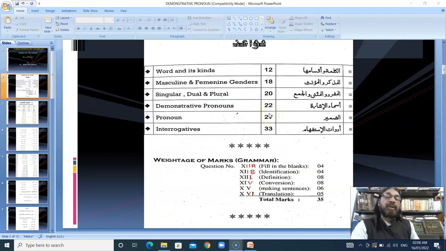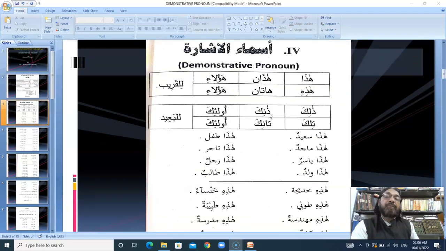So let's go to see the first one, Asma'ul Ishara, demonstrative pronouns. And here these pages are taken from the intermediates book. So that is why there are no translations.